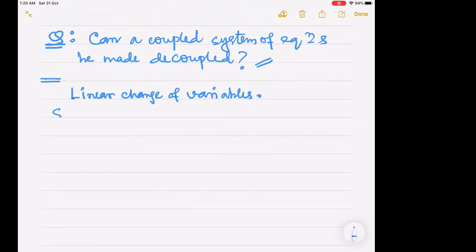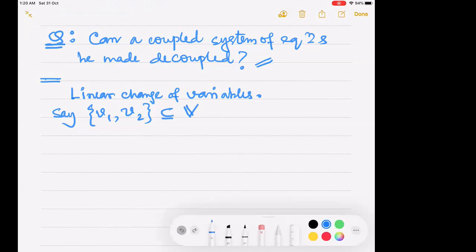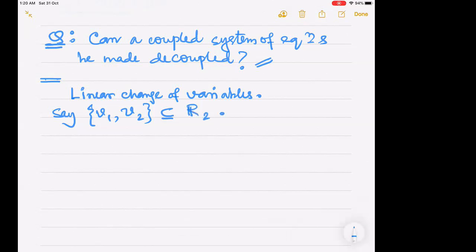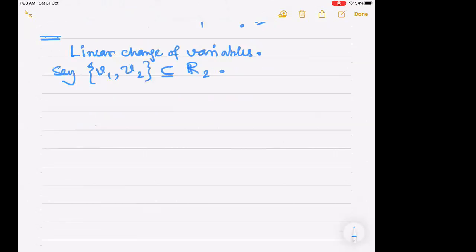Say v1 and v2, let's say, are two vectors in R2 such that now we're going to make some assumptions, yeah? And these are pretty strong assumptions, so I'm going to use red color for that, and we'll have a lot more to say about these assumptions throughout the rest of this course.